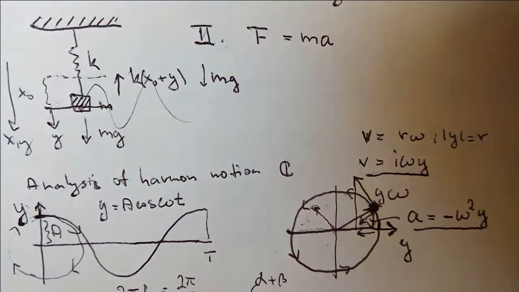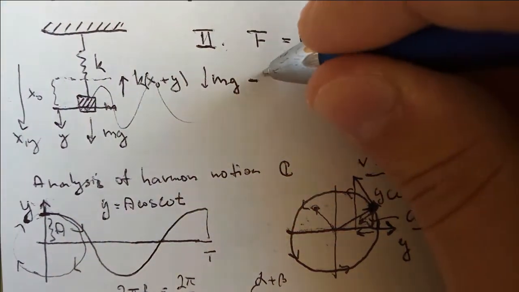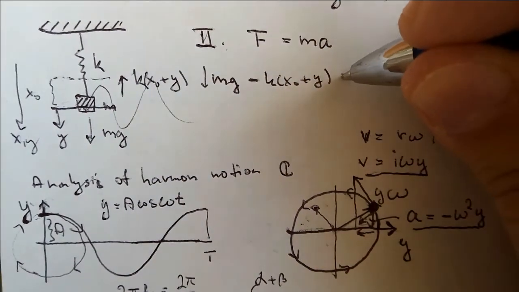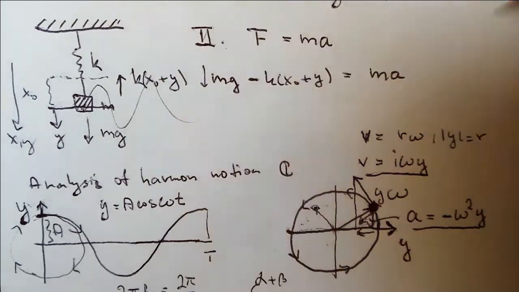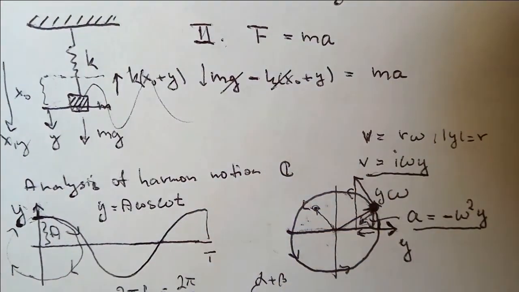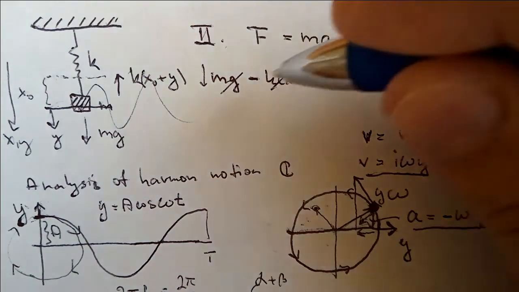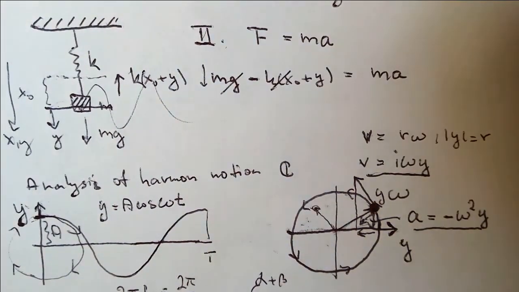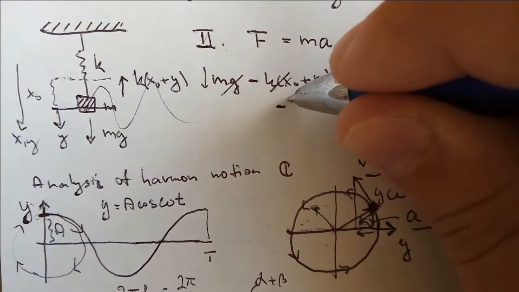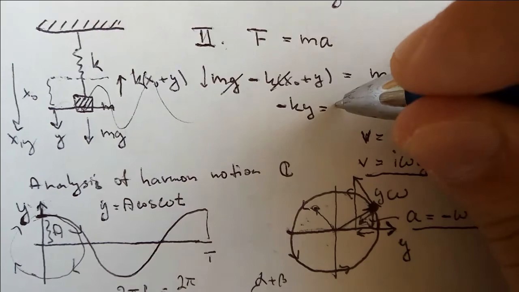This direction is mg minus k times x0 plus y, and this is equal to m times acceleration. These two terms cancel out because the spring is in equilibrium, and when it is in equilibrium, y is 0, a is 0, so this should cancel out. So that means that the equation of motion I am going to solve is this.